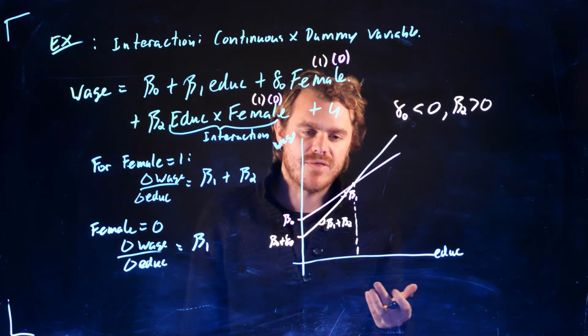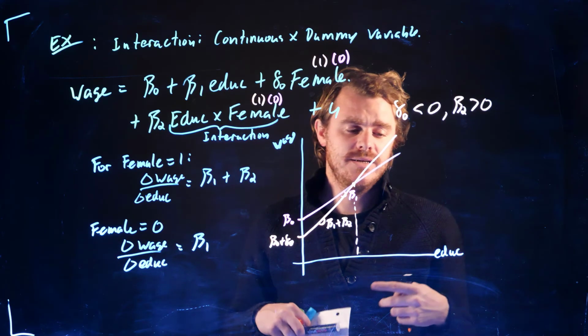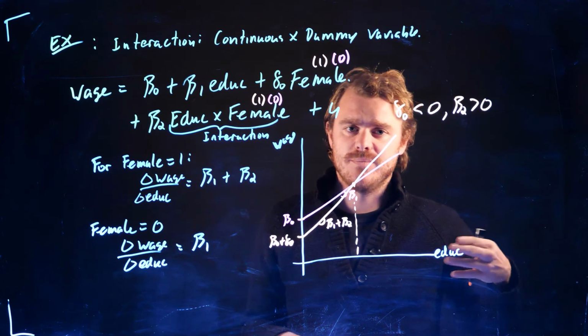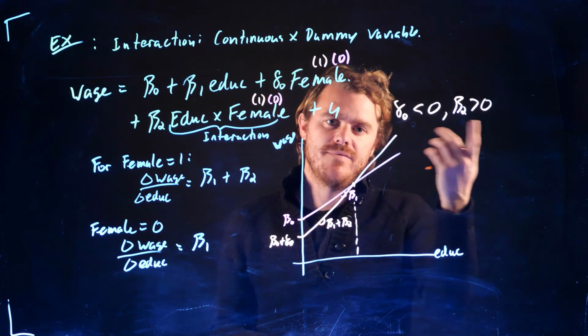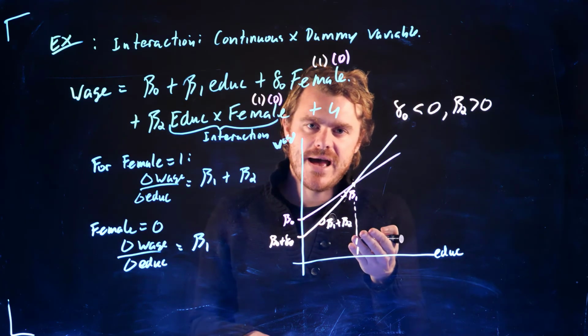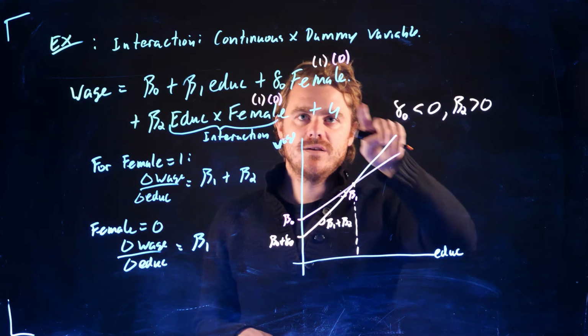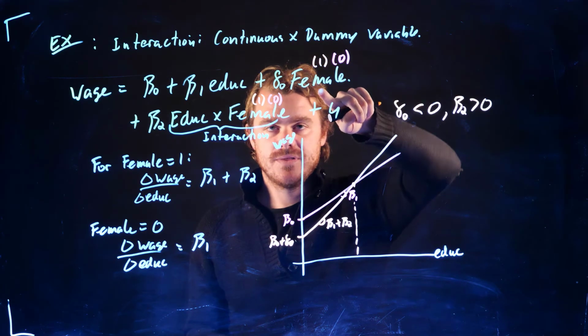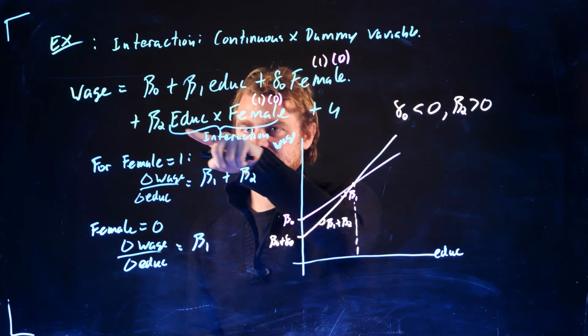You know how to do that mathematically. You can find out where these two lines are equal. Then any education level above that, this orange line would be above the pink one. But in general, the shape of these lines is going to depend on the signs of the coefficient on female, which determines the intercept, and this slope parameter.